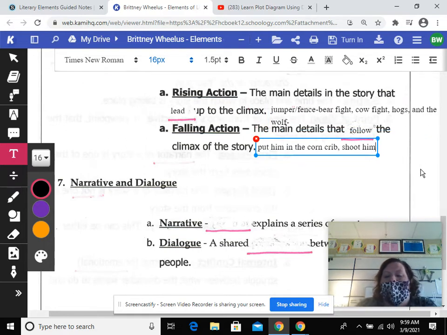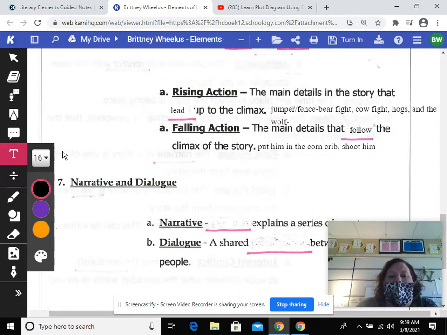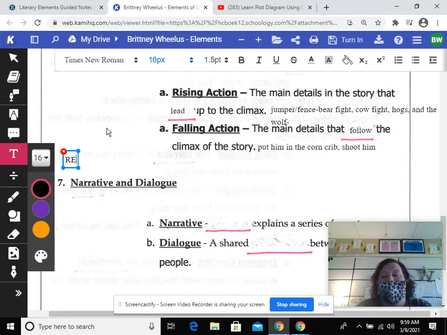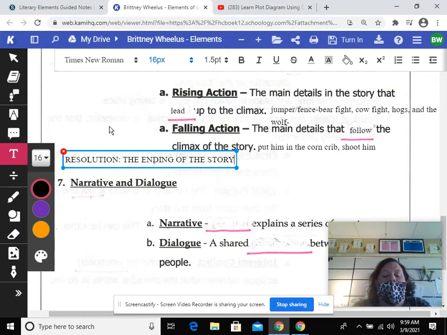Yeah. All right, now for some reason this got left off, but I want you to type this in on your paper. Resolution. Resolution is the ending of the story. Okay, what happens? What actually happens?